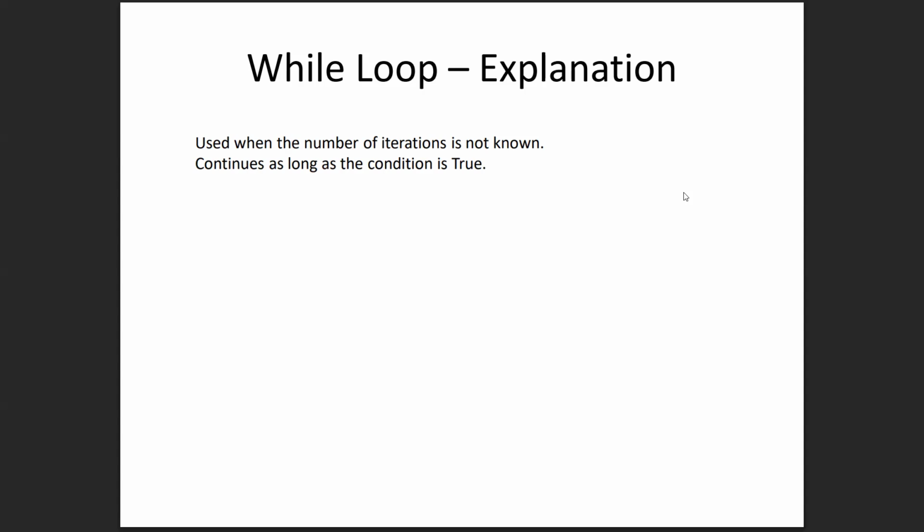This is also very important. If anyone asks about the difference between the for loop and the while loop, you need to answer: the for loop is used when the number of iterations is known, and the while loop is used when the number of iterations is not known. That is the difference.